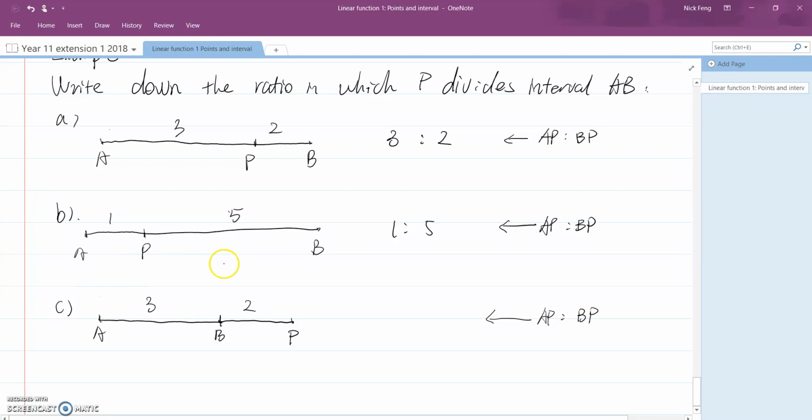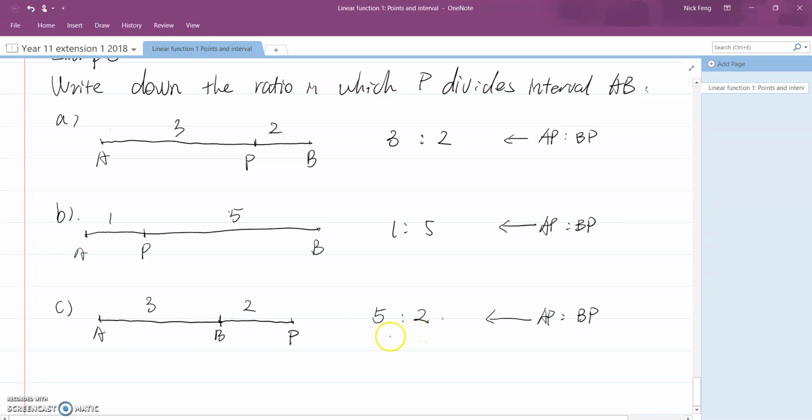Now the AP has a length of 5, if you can see it, and BP has a length of 2. Do you remember that could not represent it, because if you only say divides, it will just automatically assume it's dividing internally.